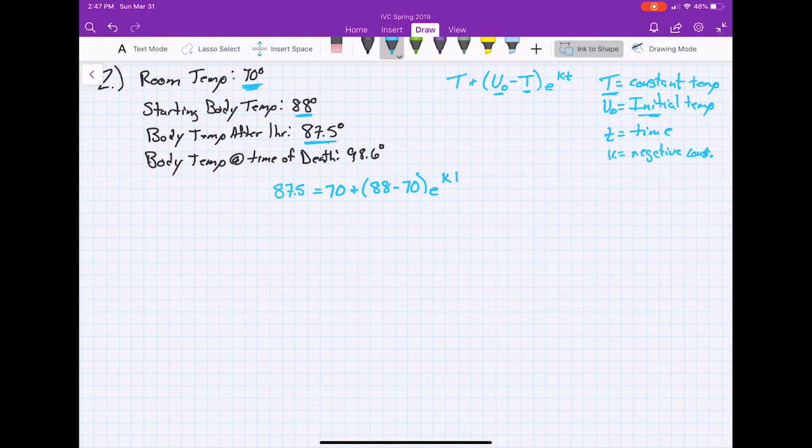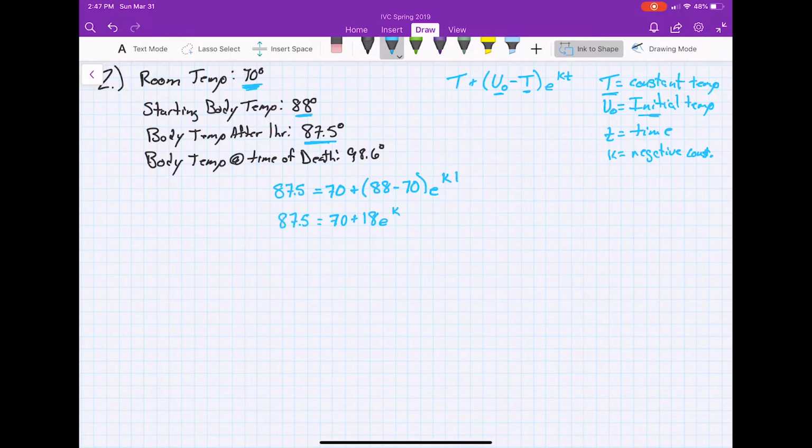So we can boil this all down to find out what k is. We have 70 plus 18e to the k, because 88 minus 70 is 18, and that is equal to 87.5.